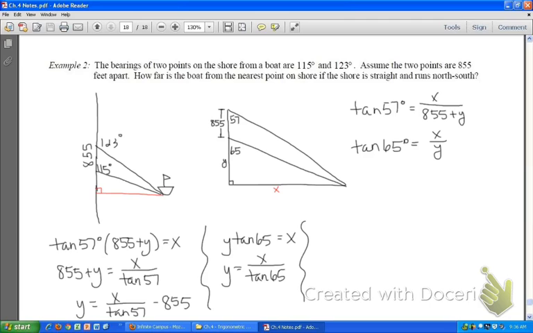So I'm going to set x over the tangent of 57 minus 855 equal to x over the tangent of 65, because both of them are equal to y, so they should be equal to each other.